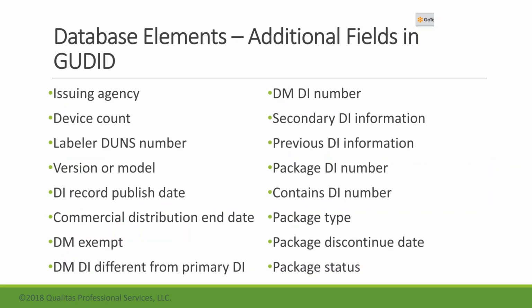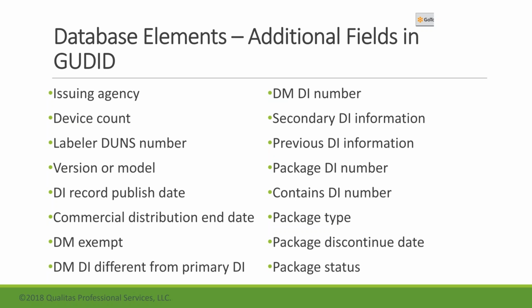The database elements, so the difference between the 25 and the 62, these are the additional fields in the GUDID database. You actually have to specify in the database your issuing agency, although it's pretty easy to deduce that based on the GTIN and how it's formatted. Labeler DUNS number, that's going to be very similar to the single registration number, but it's acquired in very different ways.